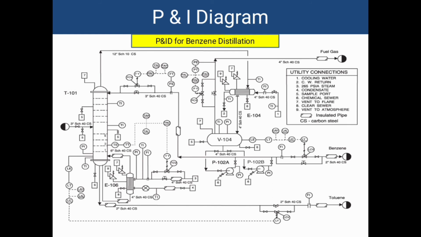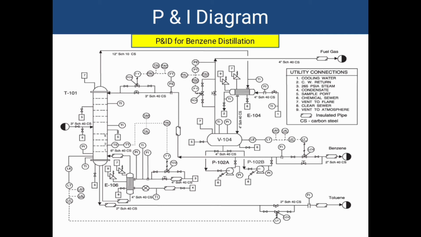Now we can see the actual P&I diagram. This diagram shows the P&ID for a benzene distillation. Here, the benzene toluene mixture enters the distillation tower and is divided into two streams. At the top, the benzene vapor goes to the heat exchanger, the condenser. Then condensate goes to the reflux drum V104.